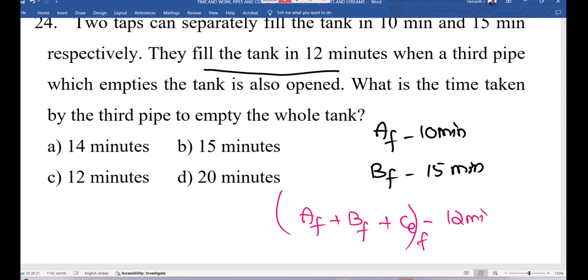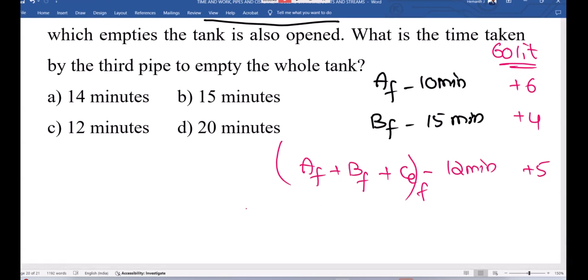We can take total work as 60 liters. This is plus 6, this is plus 4, this is plus 5. But here adding 10, yet we got only 5, which means C is removing that 5. So C's efficiency, you can understand, is minus 5.